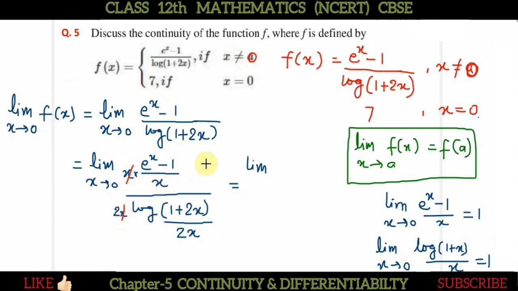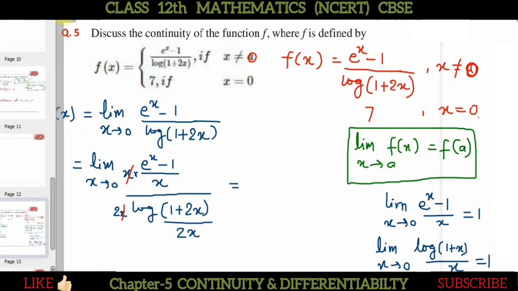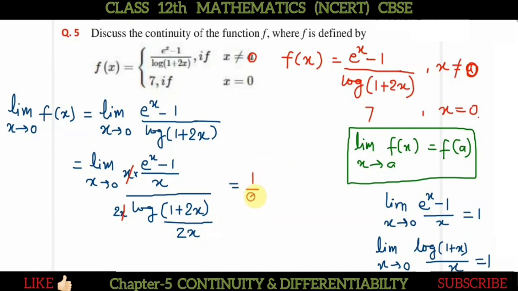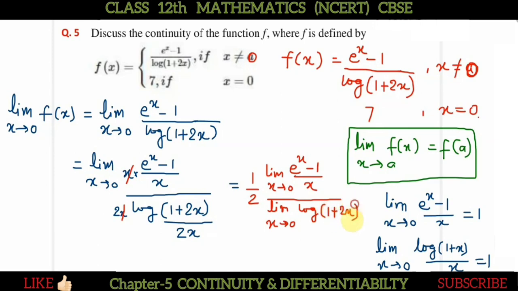So we can take this 1 by 2 out, and separate the limit here. So limit x tending to 0 of e to the power x minus 1 upon x, and in the denominator also we separate the limit: limit x tending to 0 of log of 1 plus 2x upon 2x.